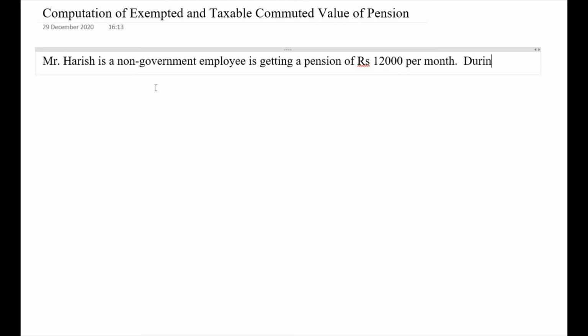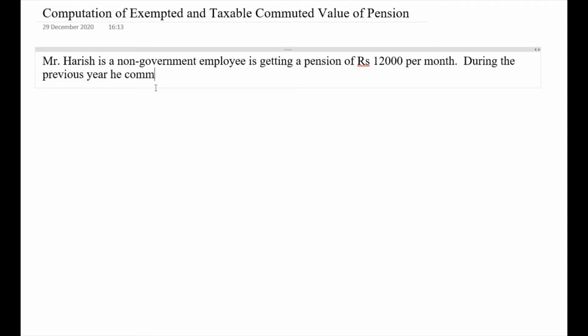Mr. Harish is a non-government employee, getting a pension of rupees 12,000 per month during the previous year.